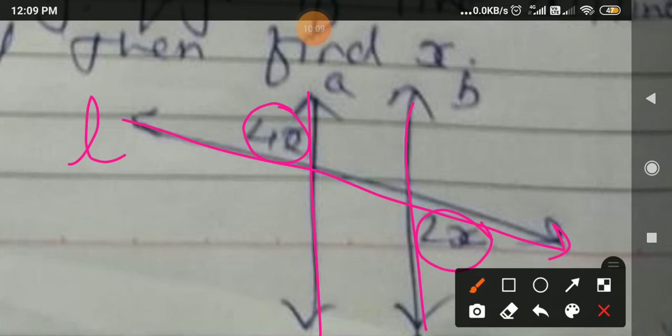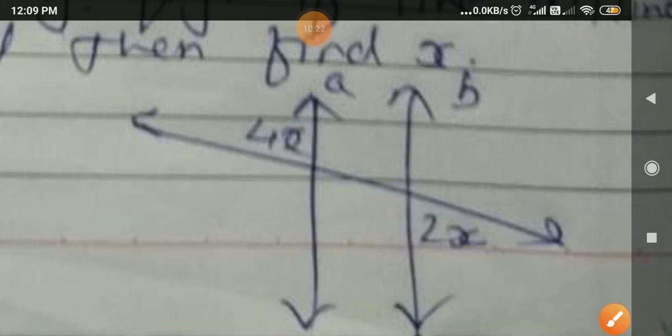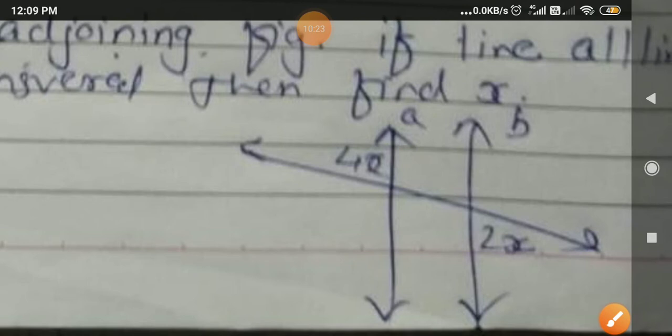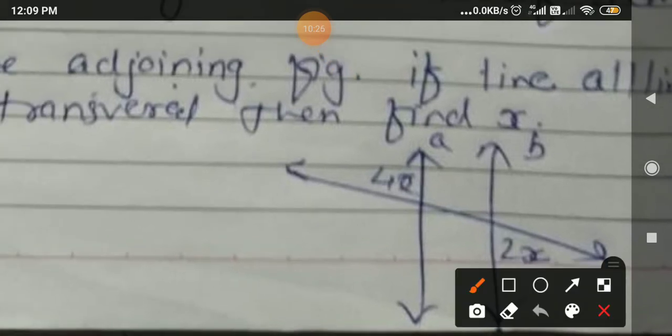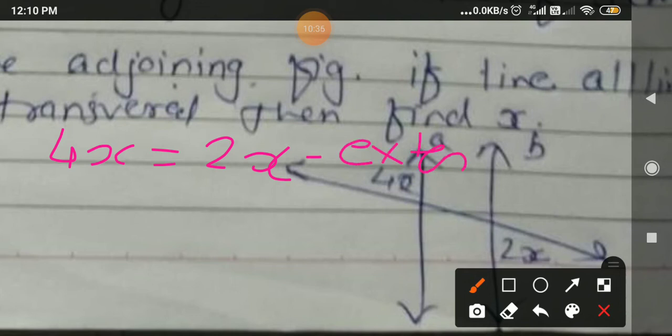And as I told you before, exterior alternate angles are congruent to each other, and that's why here 4x is equal to 2x. Why? Because they are exterior alternate angles.